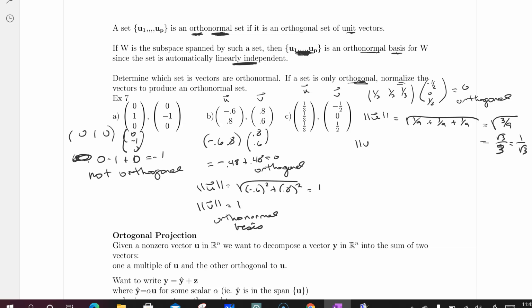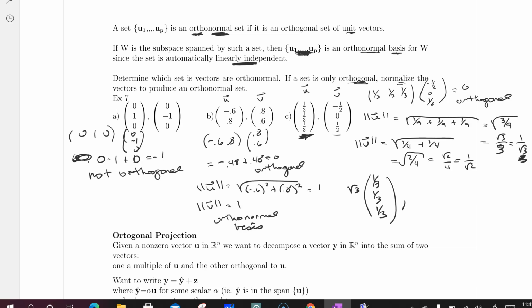If I want to find the length of v, that would be the square root of 1/4 plus 1/4, so 2/4, which I'm just going to rewrite as 1 over root 2. So if I want to find the vector of length 1, to make the normalized set, I'm going to take 1 over the length times this vector. 1 over root 3 times this vector, so 1 over this times this gives me root 3 times this vector.